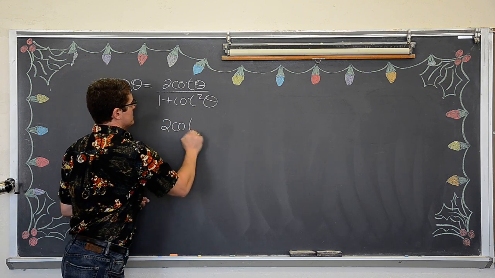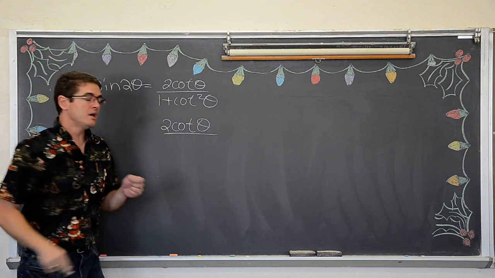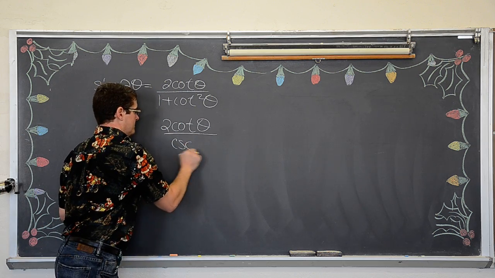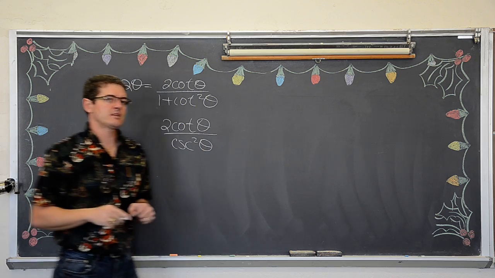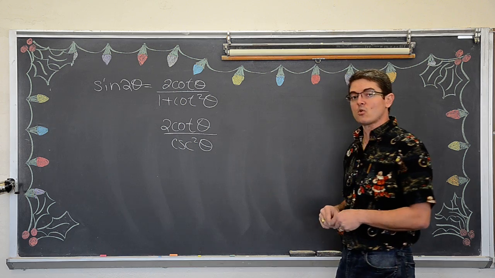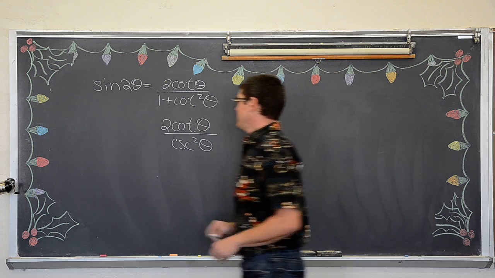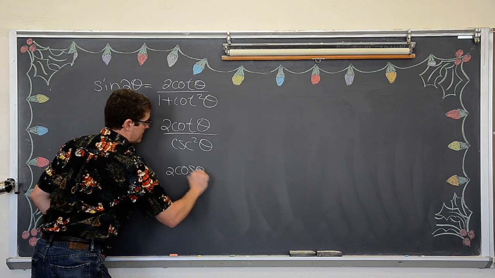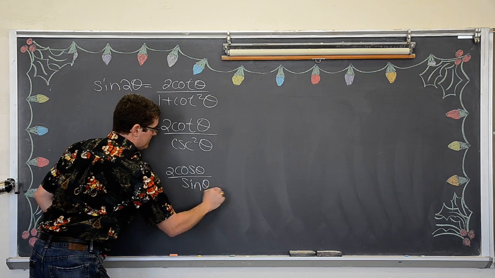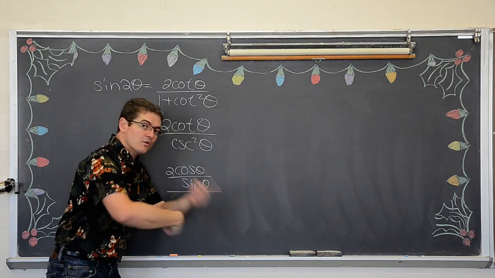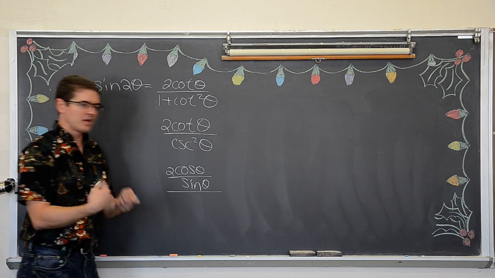2 cotangent theta. 1 plus cotangent squared is cosecant squared. Now when I turn everything into terms of sine and cosine, I'm not going to have to find common denominators, and I'll be done much quicker. This is still going to be 2 times cosine over sine, so it's 2 cosine theta over sine theta. And cosecant squared is 1 over sine squared theta by the reciprocal identities.